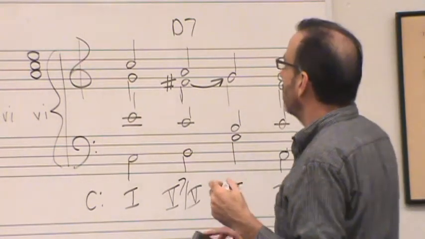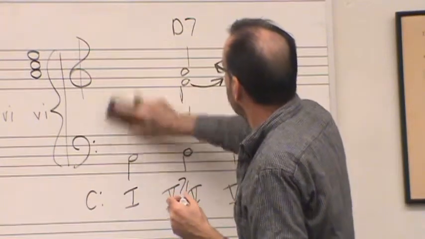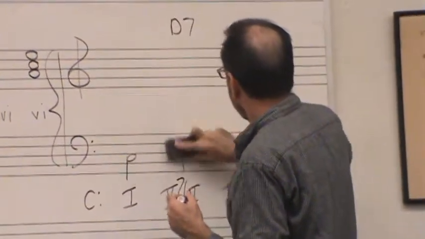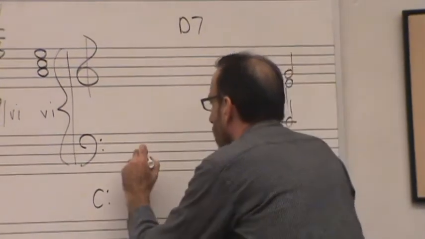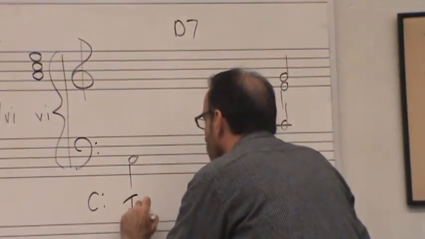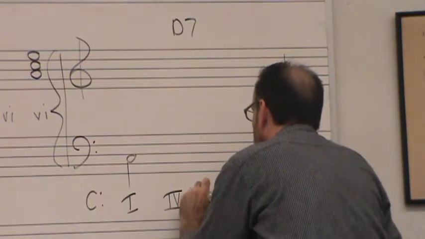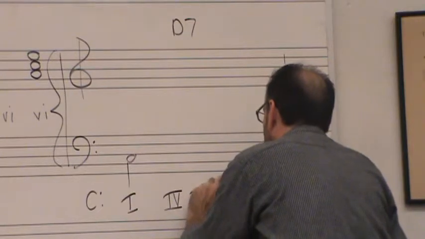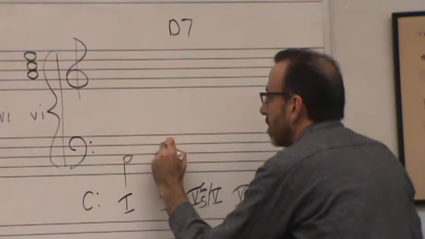So for example, if I did something a little bit more, let's say, I wrote 1 to 4 to 5, 6, 5, 5. Then I'll just show the bass line would be, that would be 4, right?